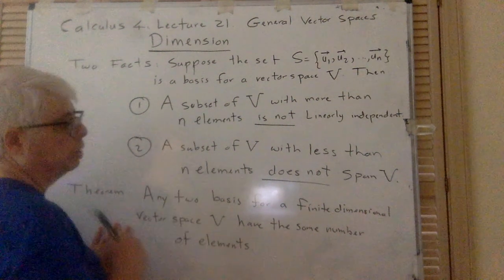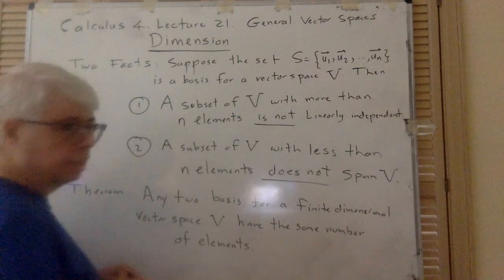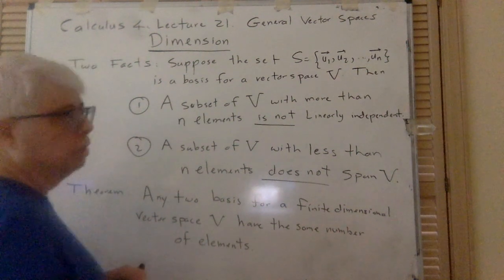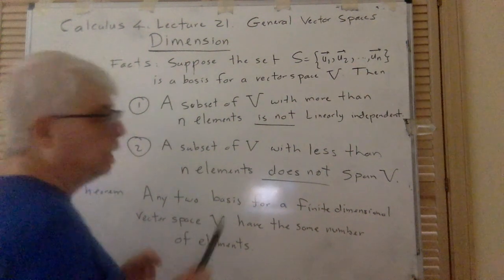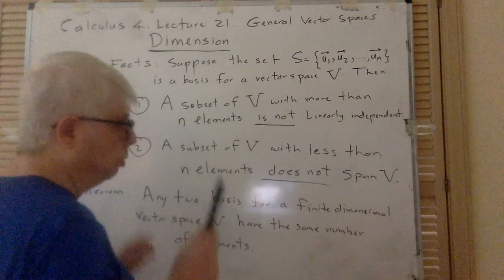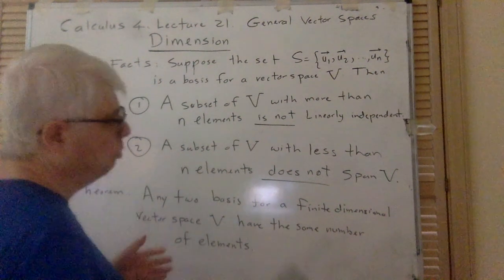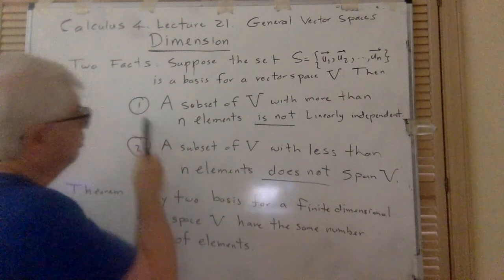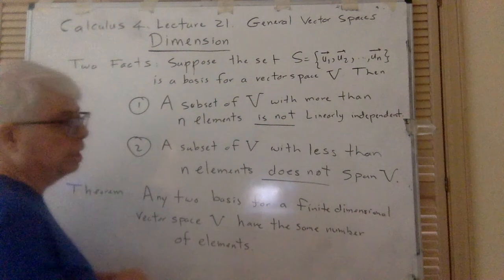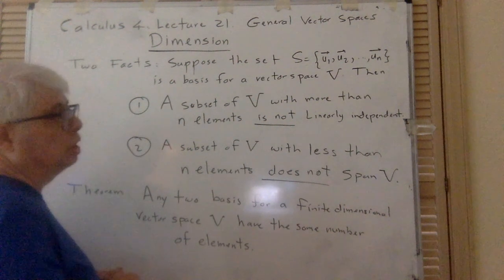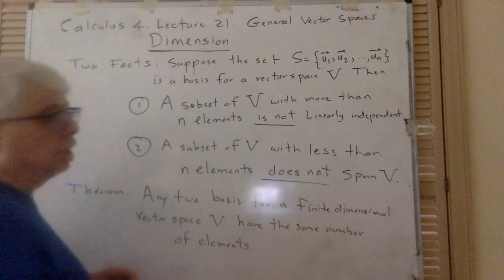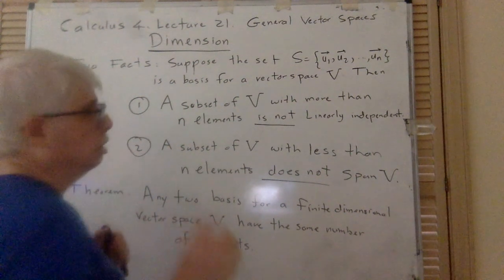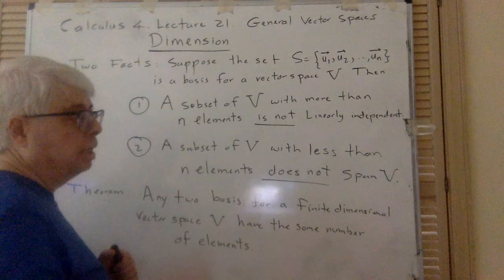By fact two, I say, okay, a set with fewer elements does not span V. And when it does not span V, it cannot be a basis for V, because a basis spans V. Someone else gives me a set which has more than n elements, and then I refer to fact one and say, okay, the set that you gave me is not linearly independent. Therefore, it cannot be a basis. So, if you give me a basis, it should have exactly n elements.